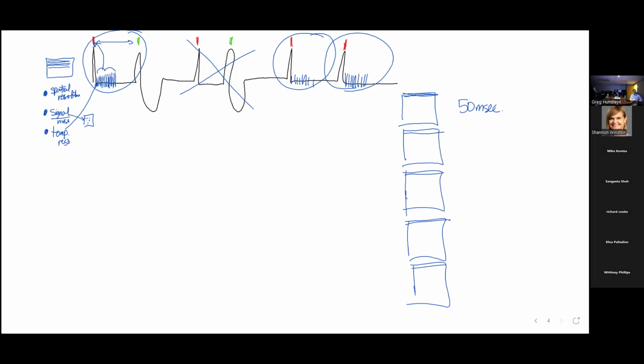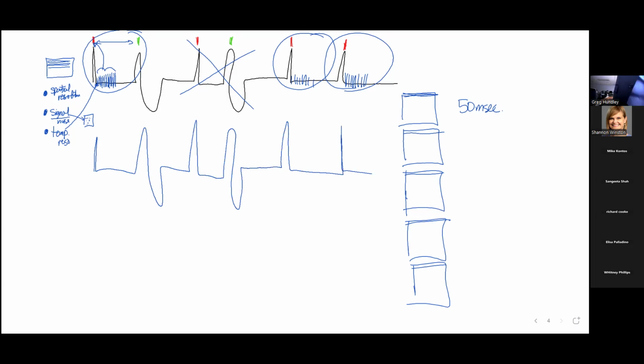But another way we could do this is we could capture the entire image, like this.